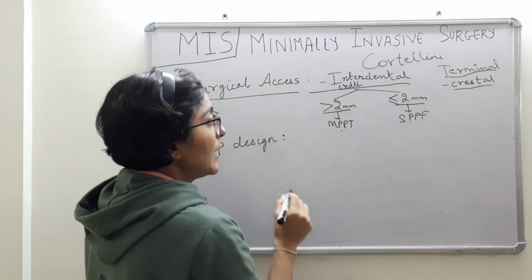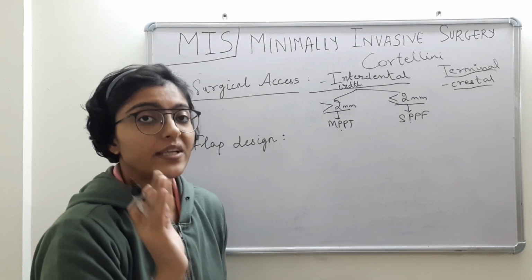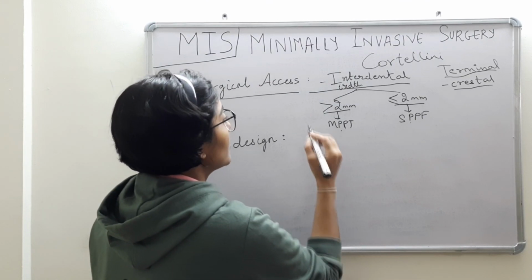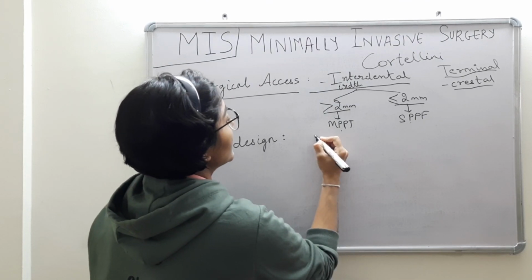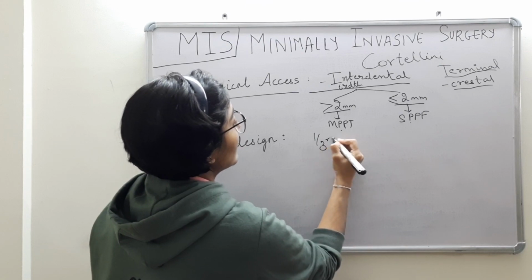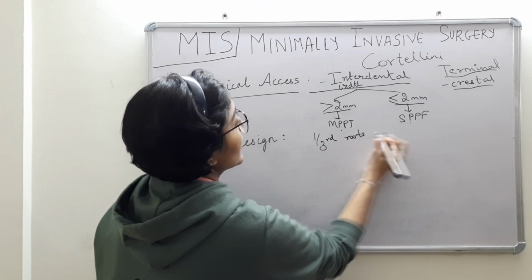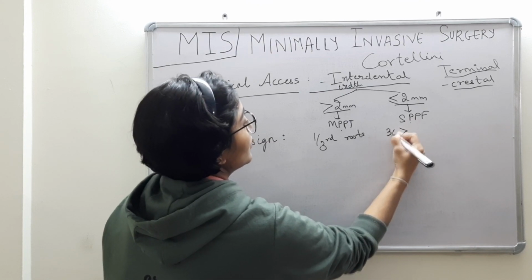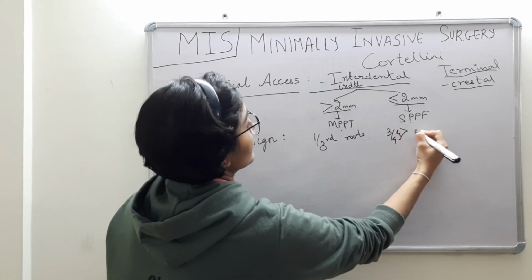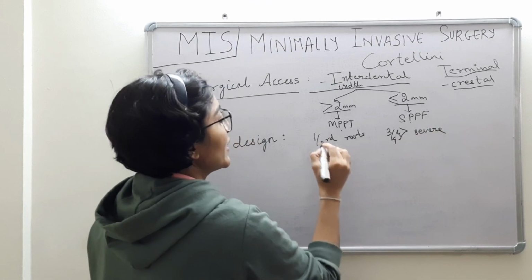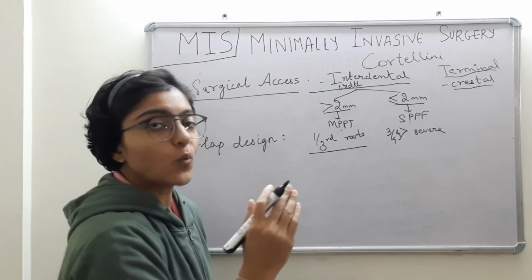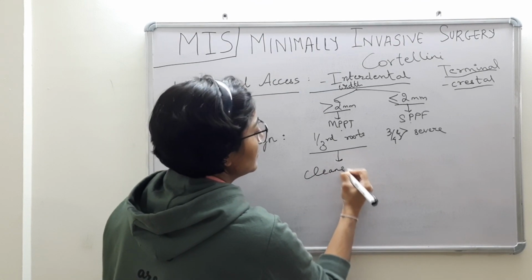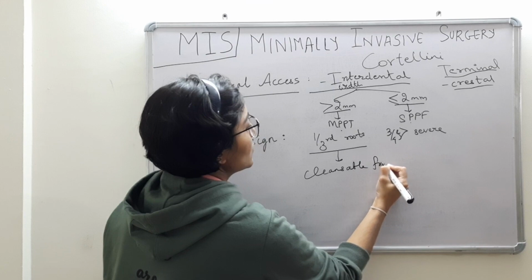For the flap design, we check the defect anatomy's extent, the location. Clear? So the location of the defect anatomy. If the defect in anatomy involves 1/3 of the roots, or if it is a bigger one, that is involving 3/4 of the roots and very severe. Clear? So, if it is a smaller defect involving 1/3 of the root surface, the next question is cleansable from buccal.